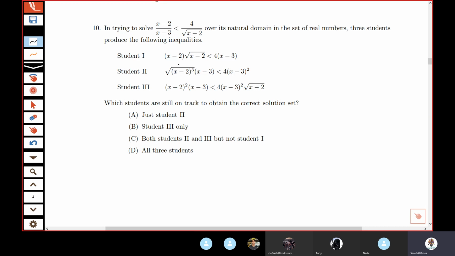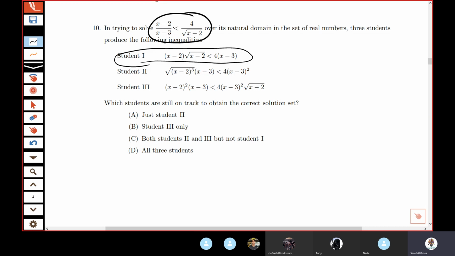Well, what's happening? You've got to understand inequalities for this. What are you allowed to do with inequalities on both sides without affecting the inequalities? That's the idea. So this one here, you've cross multiplied. The problem with that is you can't necessarily say that student I is technically correct.